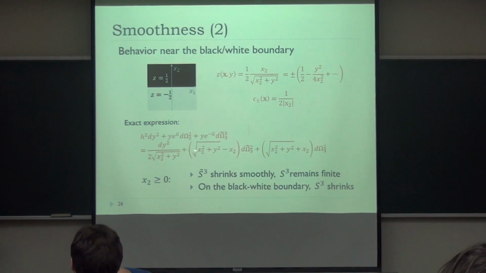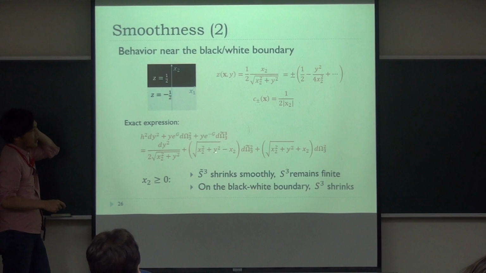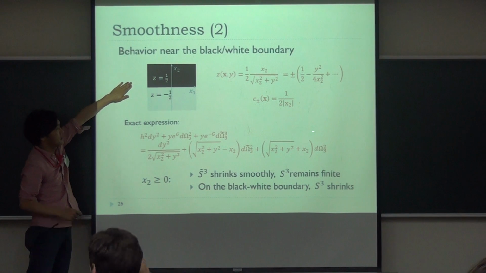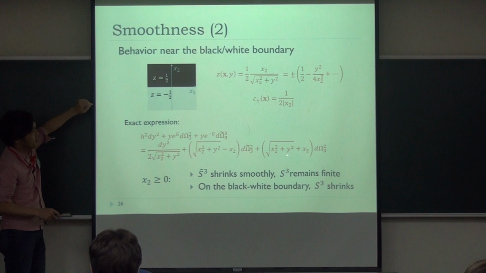And okay, this part is fine. And if you consider y equals 0, then this and this one cancel. So as you approach the y equals 0 point, this sphere shrinks, as I said. And on the other hand, you have the other S3.